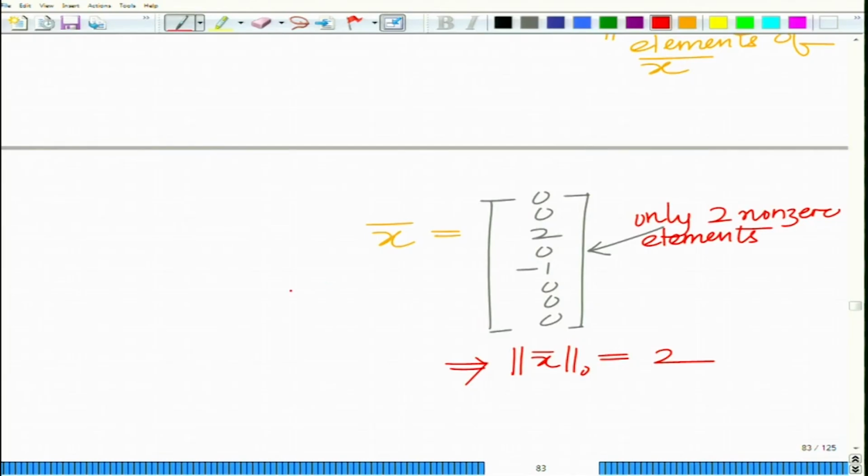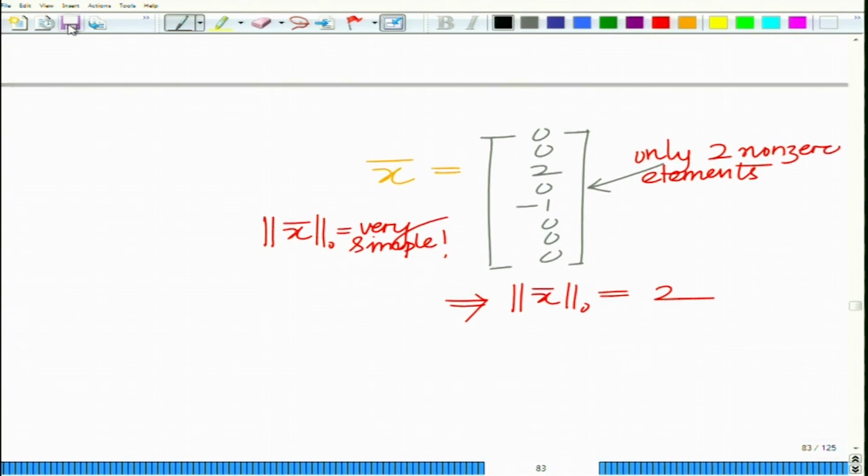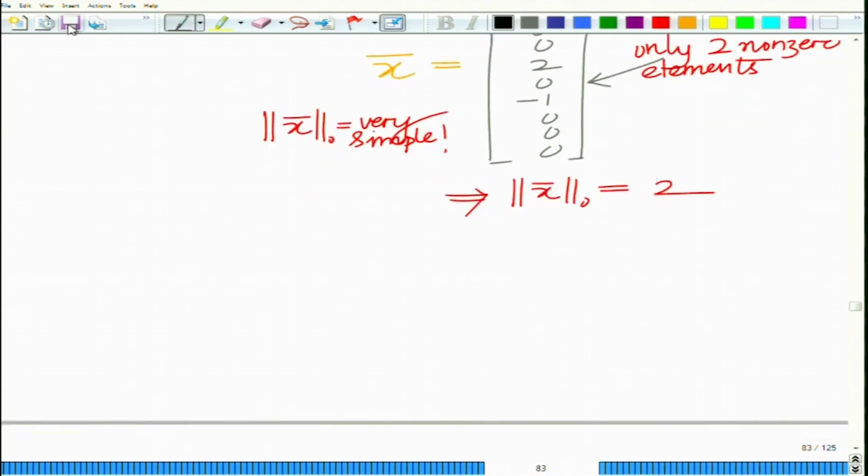Whatever is the number of non-zero elements, that is the L0 norm, nothing else to be done. The concept of the L0 norm itself is very simple, but there is a problem.